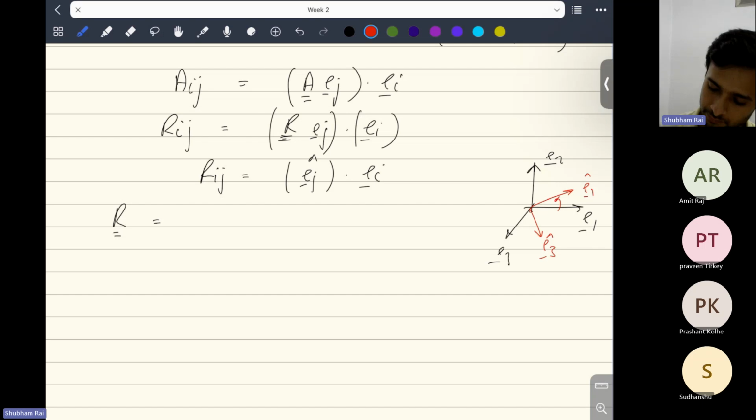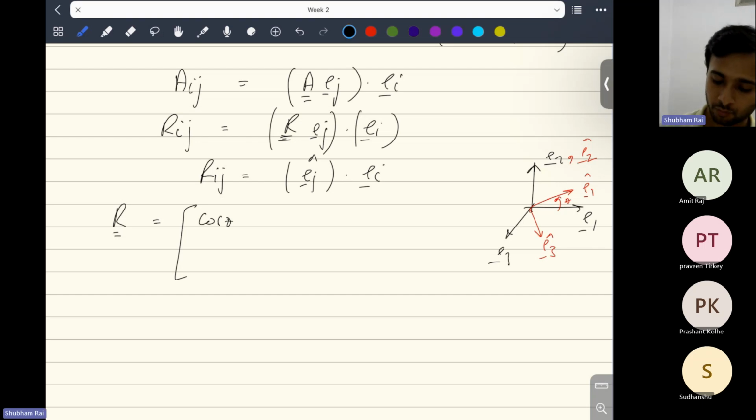So R11, with I equal to 1 and J equal to 1, is the dot product of E1 and E1 hat, which will be cos theta.